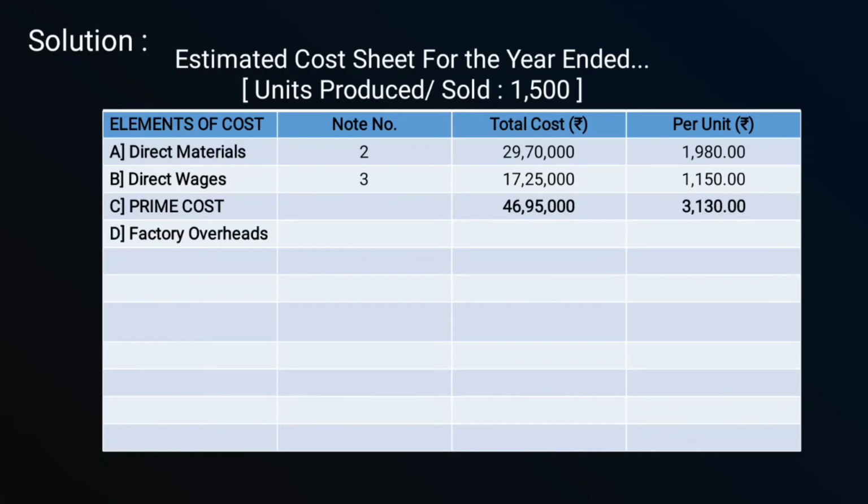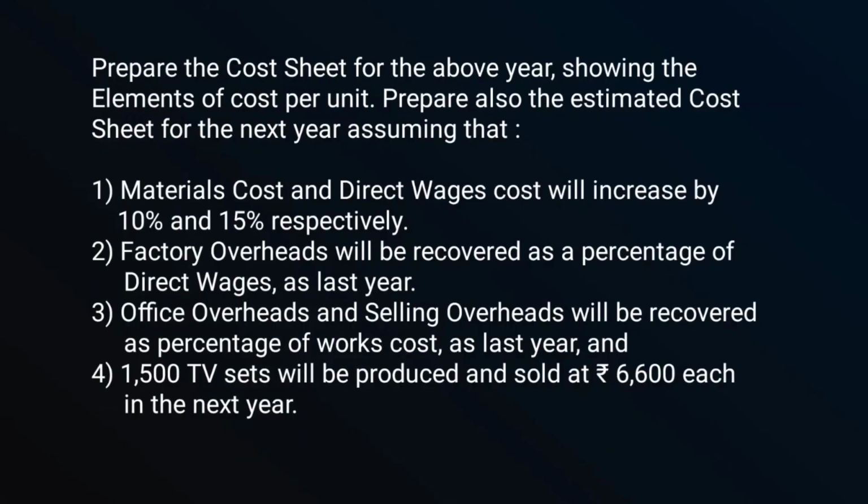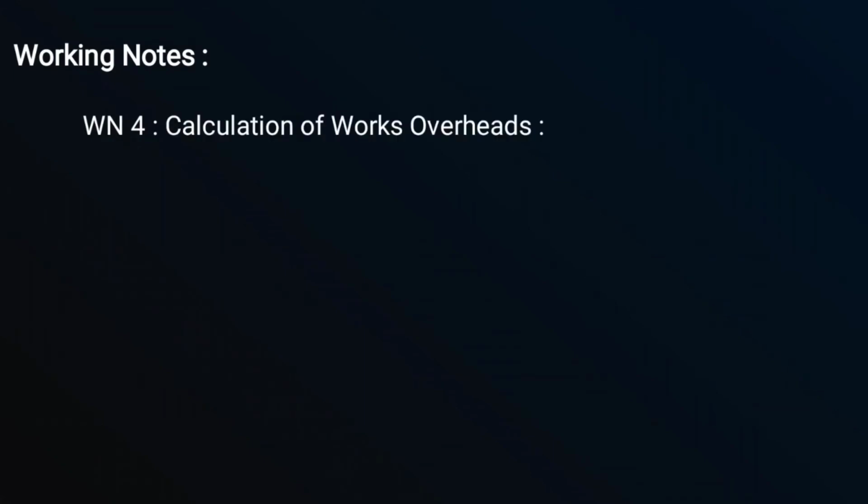Part D, factory overheads. Factory overheads will be recovered as a percentage of direct wages as last year's. So we need to prepare working notes. Working note number 4, calculation of works overheads.